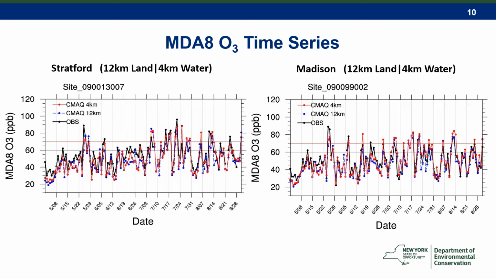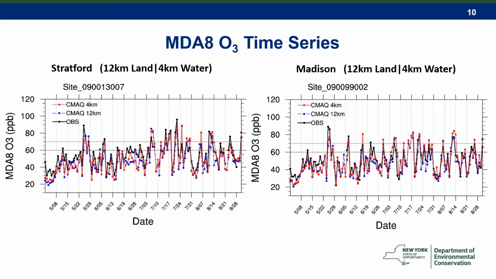This slide shows another 2 sites in Connecticut. Stratford and Madison are land cells at 12 km, but water cells at 4 km resolution. Both simulations are similar to observations for most of those days.